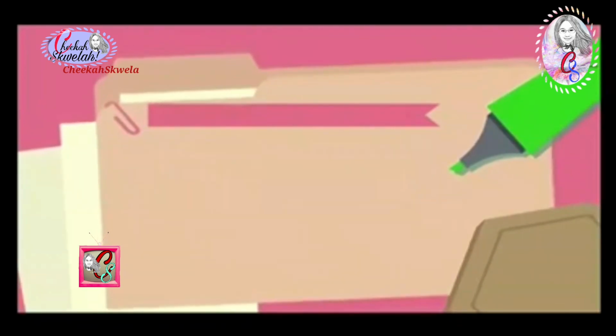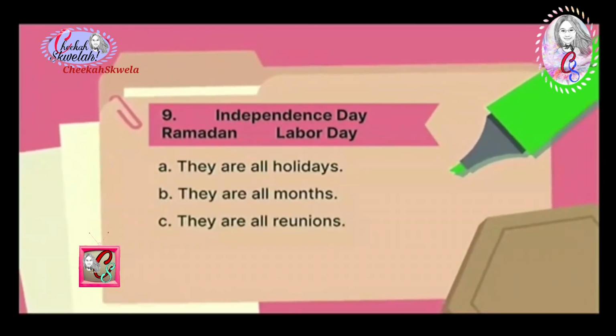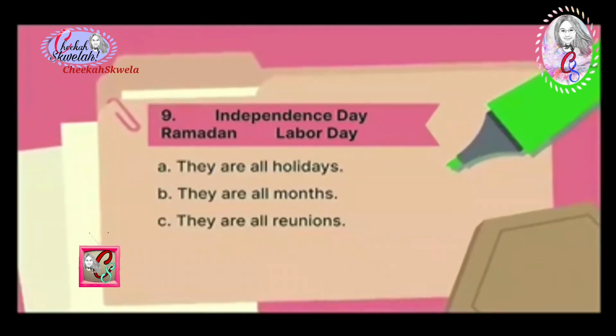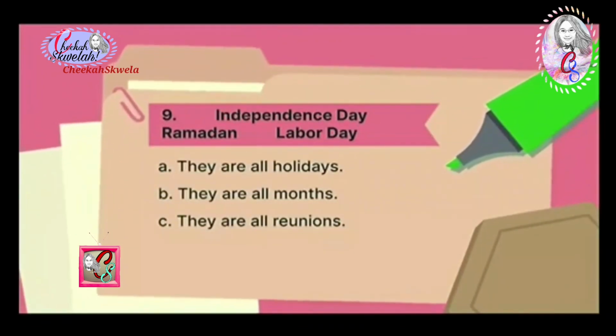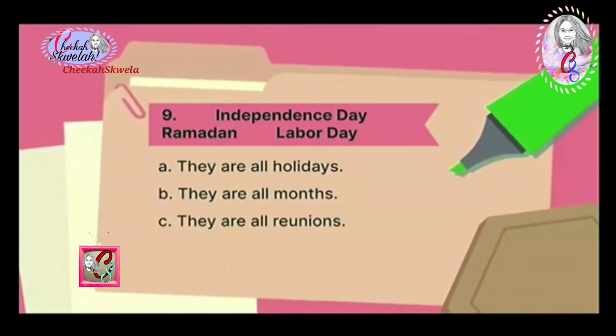The words in the box for number 9 are Independence Day, Ramadan, Labor Day. Letter A, they are all holidays. Letter B, they are all months. Letter C, they are all reunions.